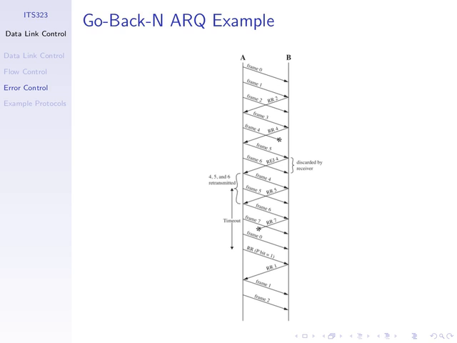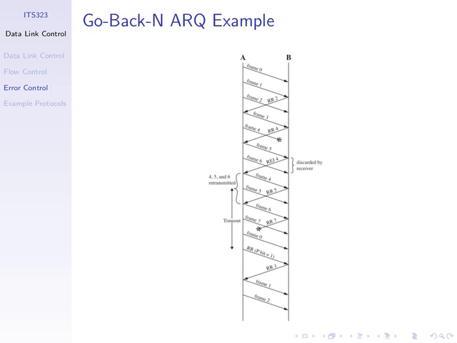Sends this special ACK request message. If B receives that, it responds with an ACK saying, what's the next sequence number I expect to receive? B has received 4, 5, 6, 7, 0. The next one should be frame 1.